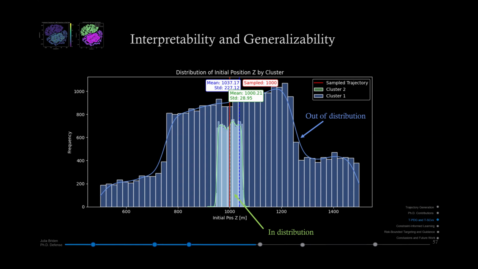If you have a set of parameters in this part of the distribution, then you're likely going to have an easier time classifying them. Versus out of distribution, where if we're quite far on the outside of cluster 1, then we might not trust our neural network prediction as much as we would in the green region.